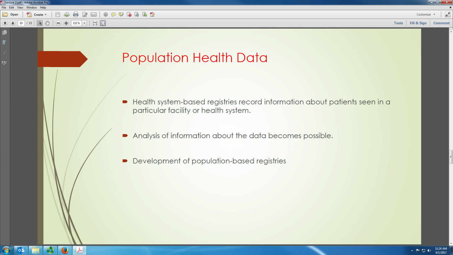So quarantine this part of the city. That's population health data. And that's very important in outbreak of epidemic and those type of things. Analysis of information about the data becomes possible, and you develop population-based registries.